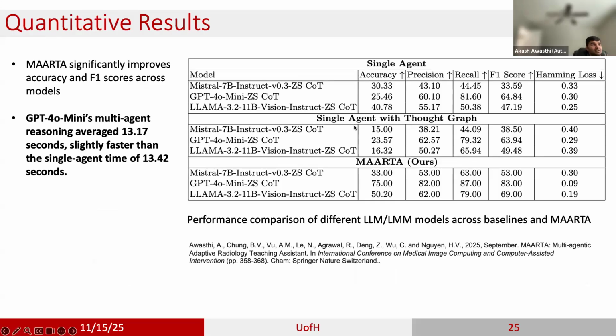We also did an ablation with a single agent with thought graph, and the performance basically goes down. But when we use MAARTA, which is multiple agents with thought graphs, the performance increases across all three models, from smaller to larger, which means the LLMs still struggle with graph reasoning.